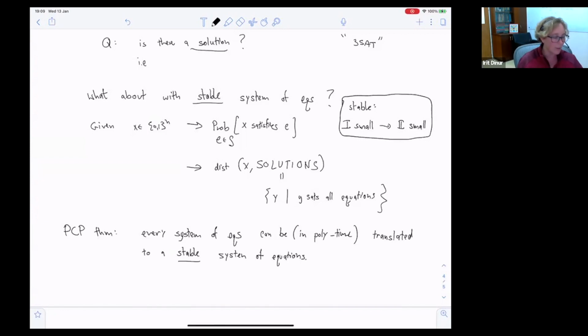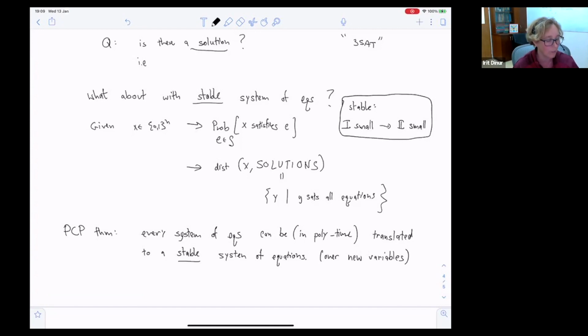And more things are known. In particular, if you plug into this theorem a system of equations for your code, you will get a new system of equations, maybe over new variables, I should say. You're allowed to add new variables such that the new thing is going to be a code, and it's going to be a locally testable code.